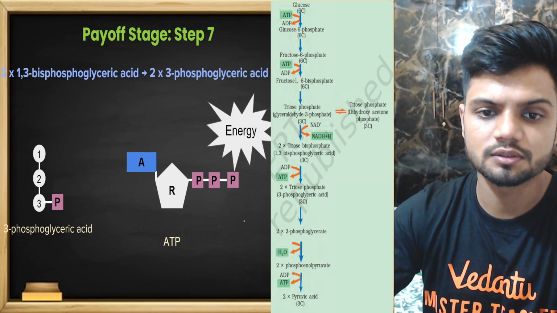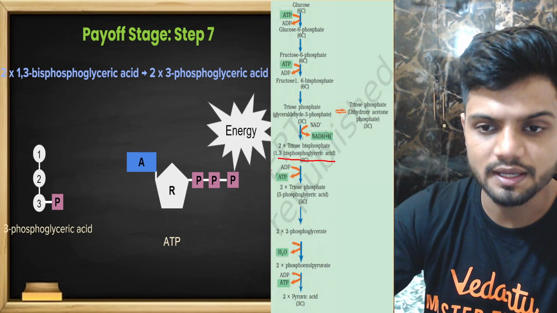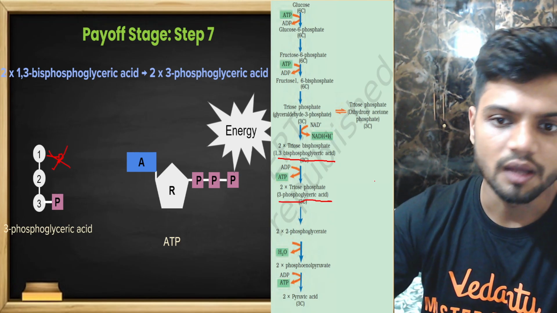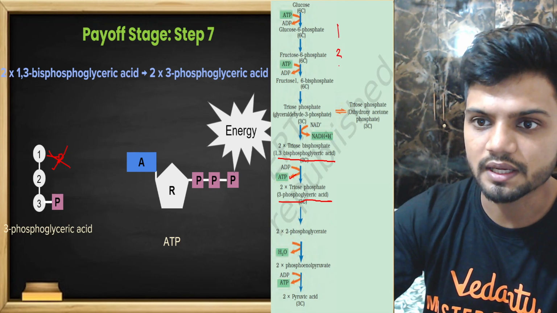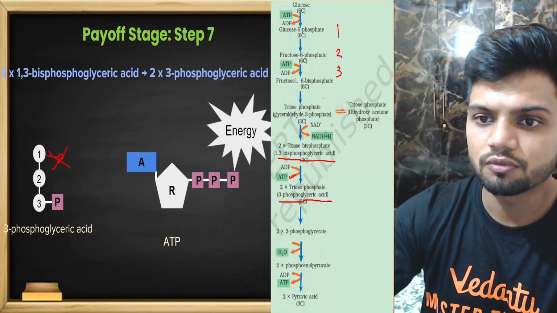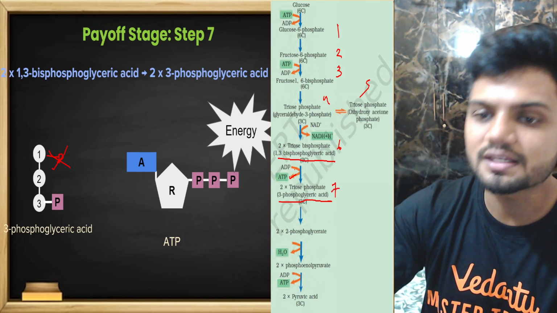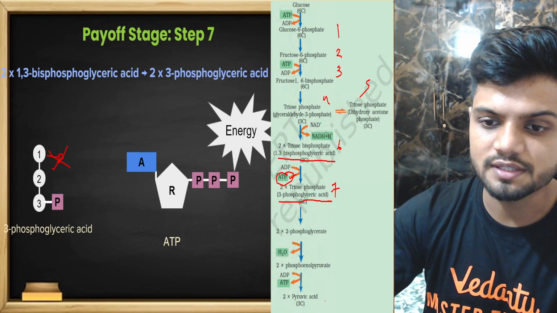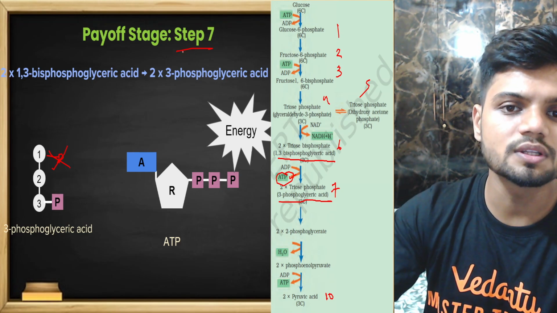Can you see here? 1,3 bisphosphoglyceric acid is converted to 3-phosphoglyceric acid because one phosphate is gone from here, and ATP is produced. In the 6th step NADH is produced, and in the 7th step ATP is produced. ATP is also produced in the 10th step. We'll get there. So ATP is produced in the 7th step.